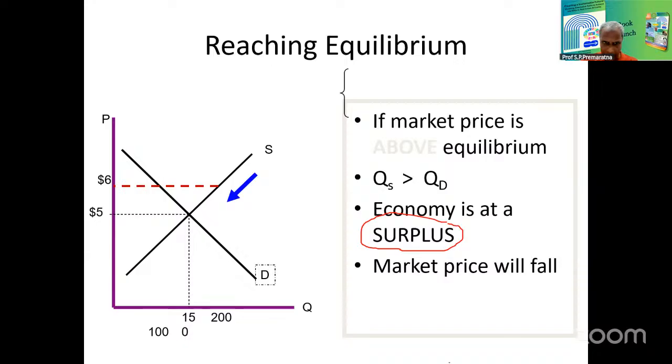Because with the surplus, there are so many items in the market but less demand, so what happens? Suppliers tend to reduce the price and again come back and settle down at the market price.